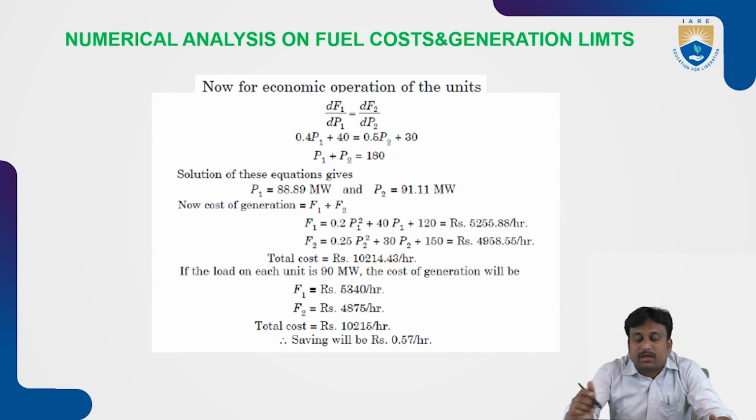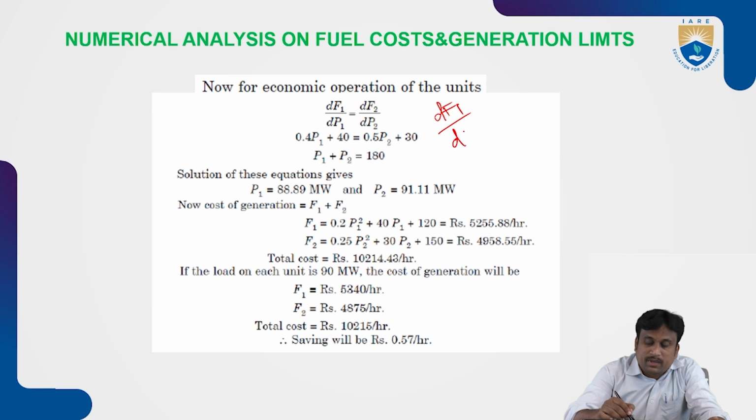Now for economic operation of multiple units, we must equate their coefficients, that is dF1 by dP1 equals dF2 by dP2.